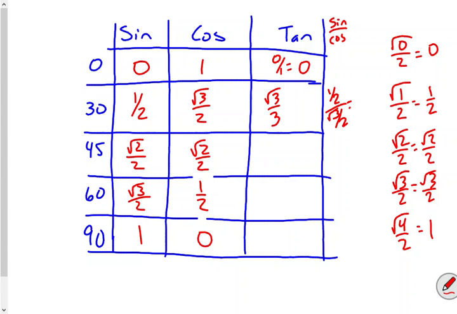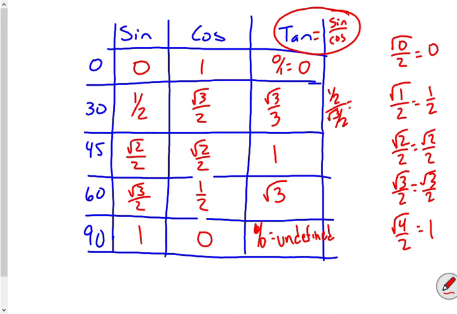And then root 2 over 2 over root 2 over 2, we end up with 1. And then the tangent of 60 is just the square root of 3. And then finally, 1 over 0 is undefined. Tangent of 90 degrees is undefined because our denominator in this situation of sine over cosine being the same as tangent can't be 0, so that makes it undefined.